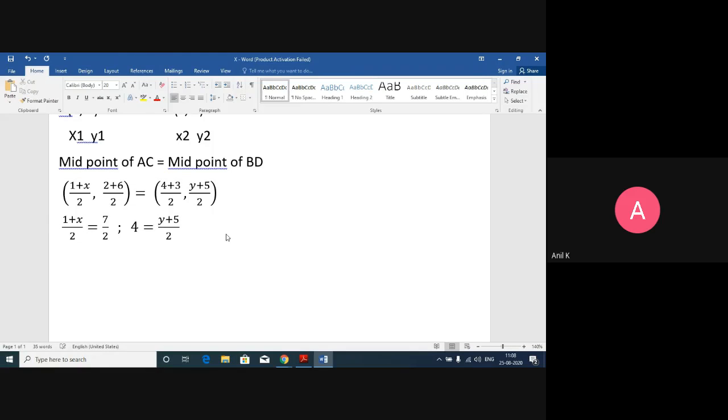Now when I solve this equation, 1 plus x by 2 equals 7 by 2, both the denominators 2 will get cancelled. So I will have 1 plus x equals 7.